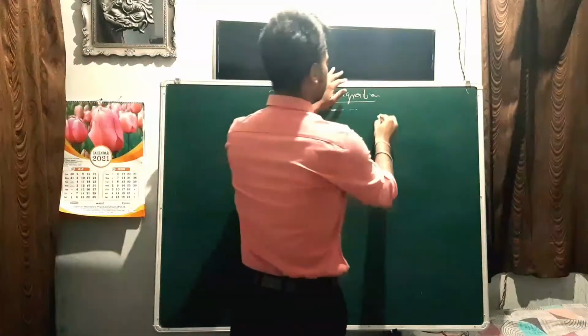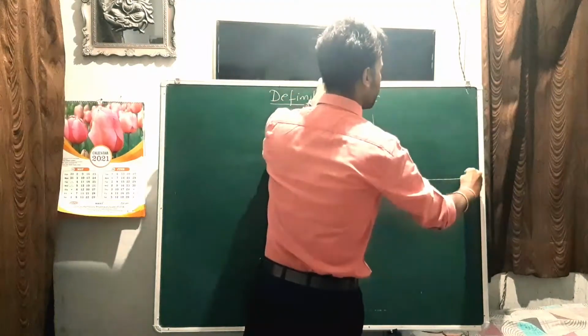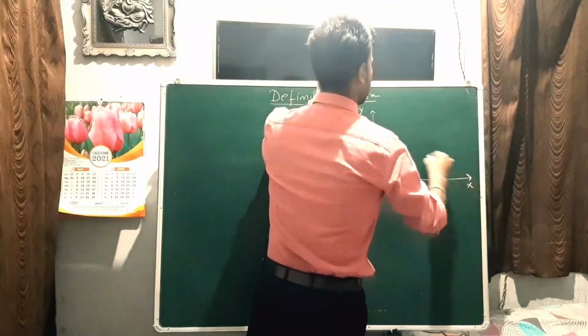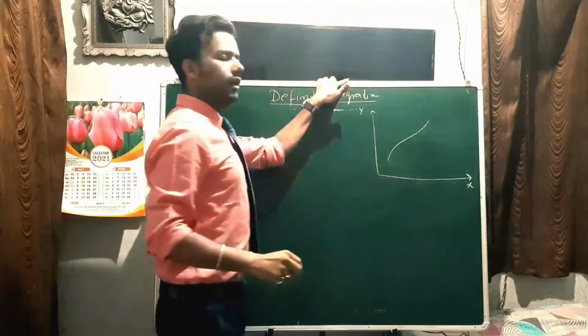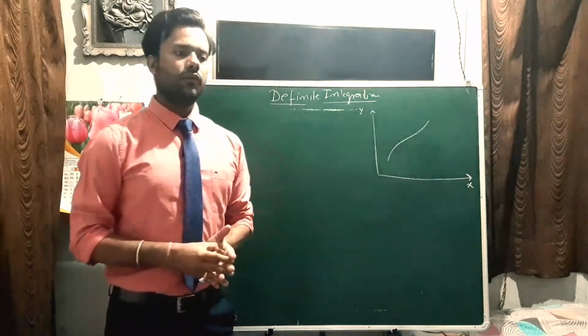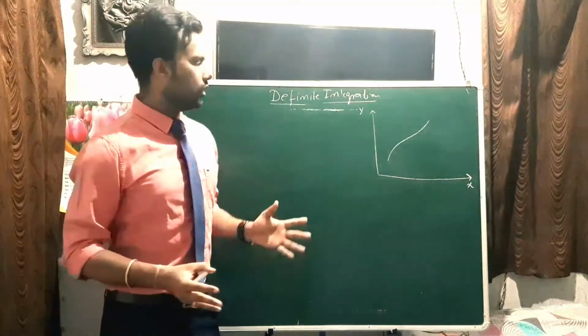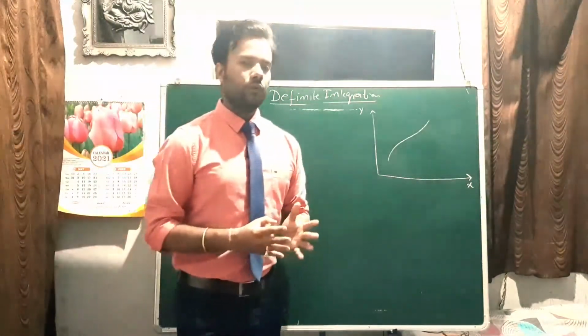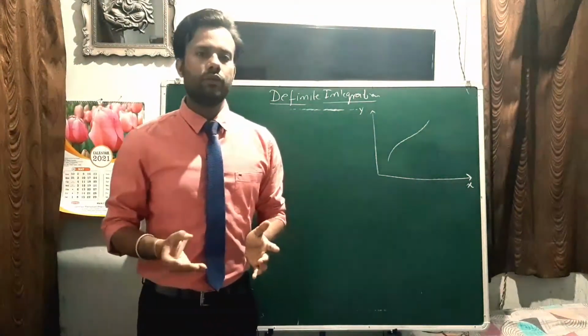If you remember, when I gave you the example of indefinite integration, that this is y and this is x, we have a graph like this. In indefinite integration, we don't know the boundaries, we don't know the interval of the integration. But here we know the interval of integration. That means we know from where to where we are going to add.